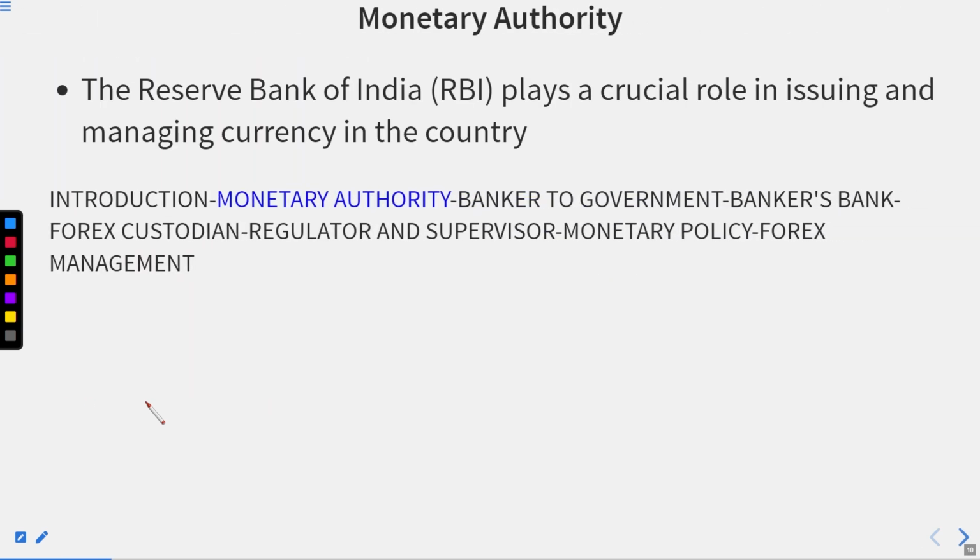The Reserve Bank of India plays a crucial role in issuing and managing currency in the country. Now, here is one thing which I would like to make clear for you.